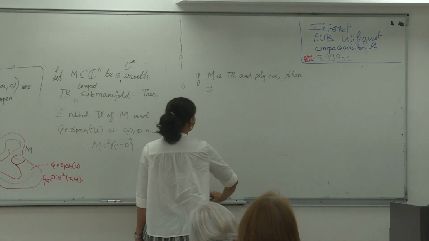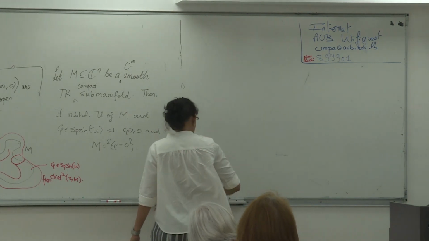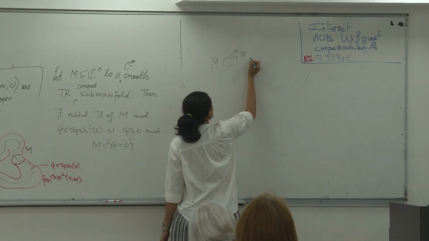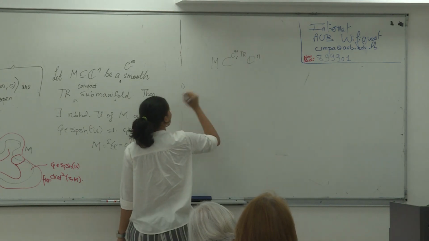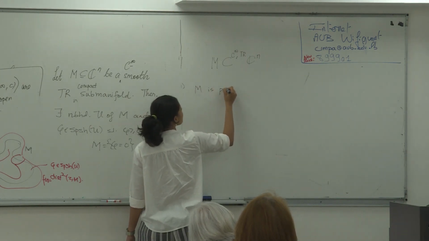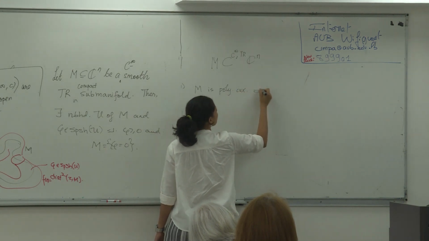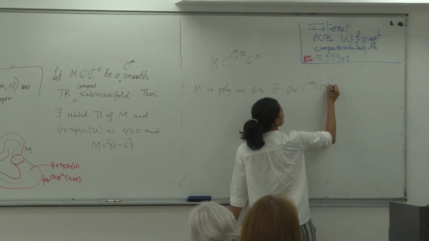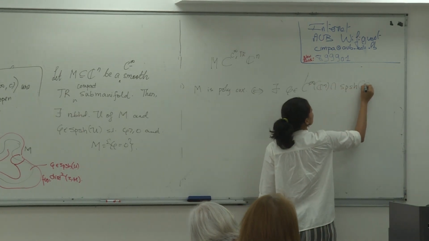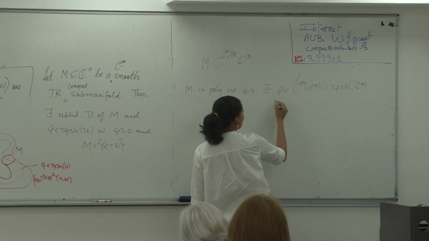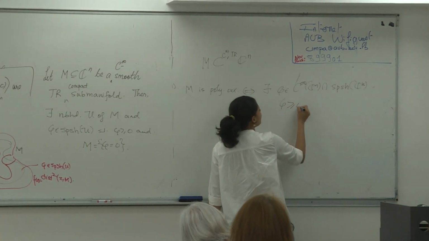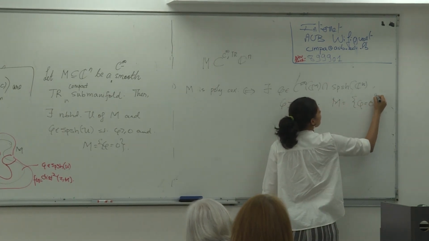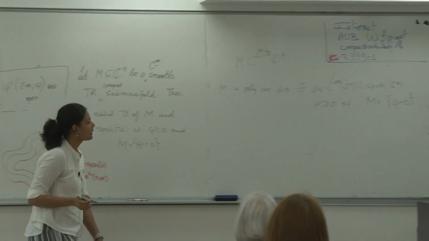In fact, I can write this as an if and only if statement. Let M be smooth and TR in Cn. M is polynomially convex if and only if there exists a smooth, strictly PSH, non-negative phi such that M is exactly the zero set of phi.